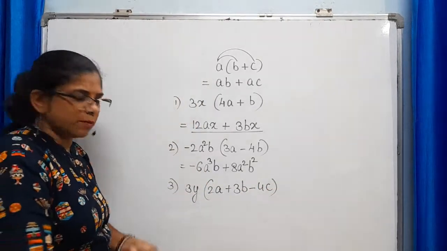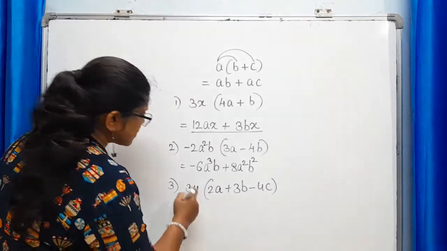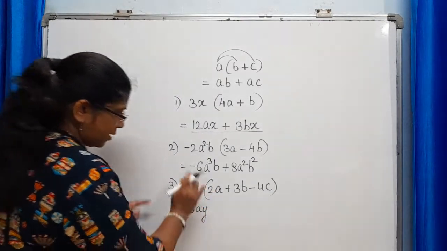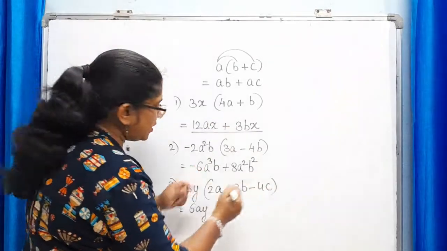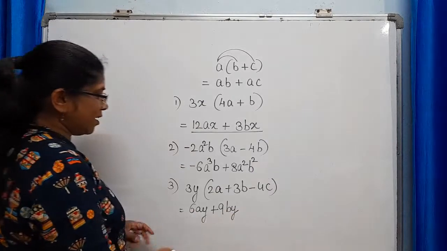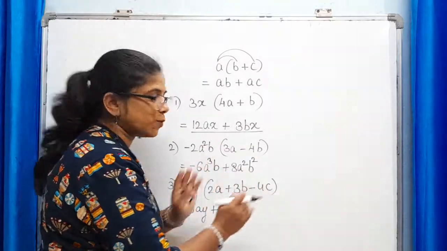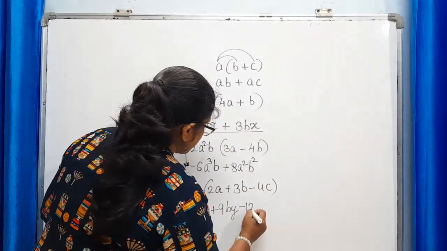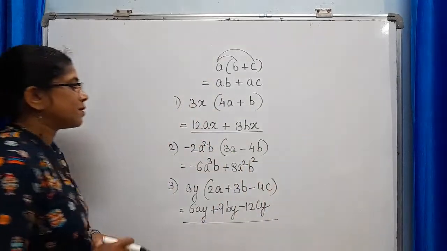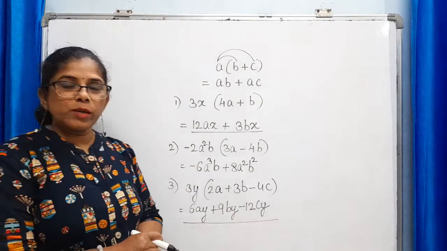Just a simple example I am explaining here. 3y into 2a, 6ay. 3y into 3b, plus 9by. 3y into minus 4c, minus 12cy. This is monomial into trinomial.